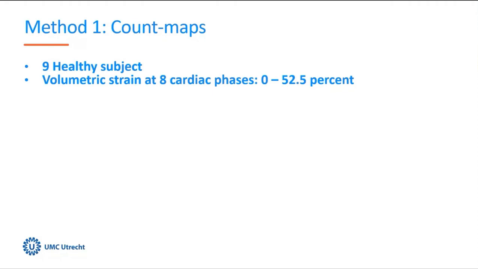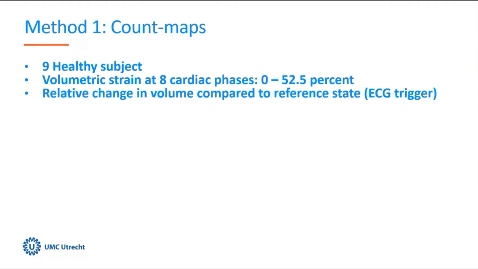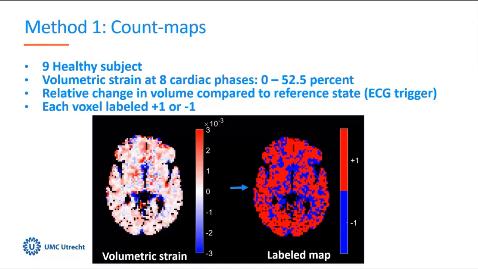And again, the volumetric strain is always relative to the reference state, so the R-top. All these volumetric strain maps are labeled, each voxel either +1 or -1, which can be seen here. So a positive volumetric strain is labeled +1, and a negative volumetric strain is labeled -1.